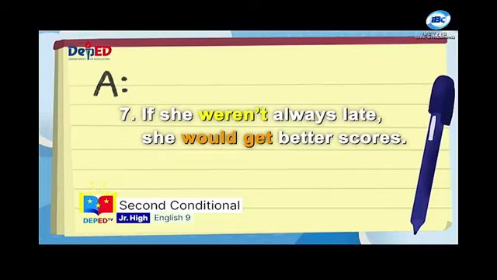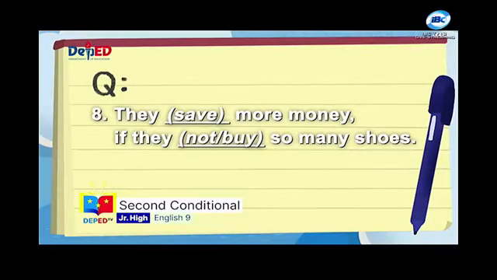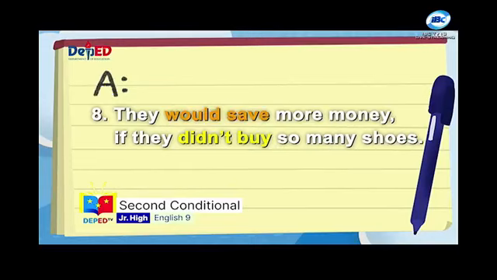Moving on to number 8. They blank save more money if they blank so many shoes. If your answer is like this, then that is correct. They would save more money if they didn't buy so many shoes. Very good. Let's go to number 9.